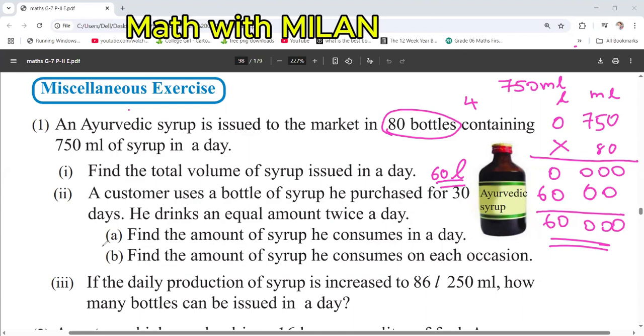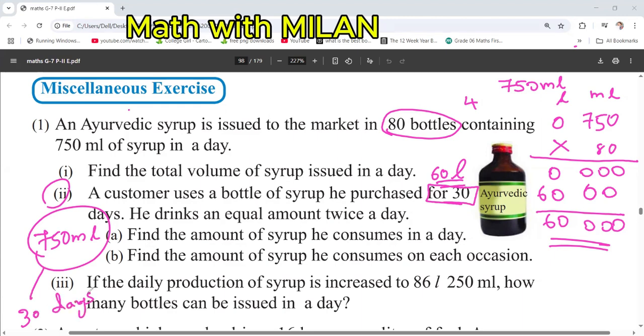Okay, now let's go to the second part of this question. A customer uses a bottle of syrup he purchased for 30 days. He drinks equal amounts twice a day. So he purchased this for 30 days, so he has to drink 750 milliliters within 30 days, right?